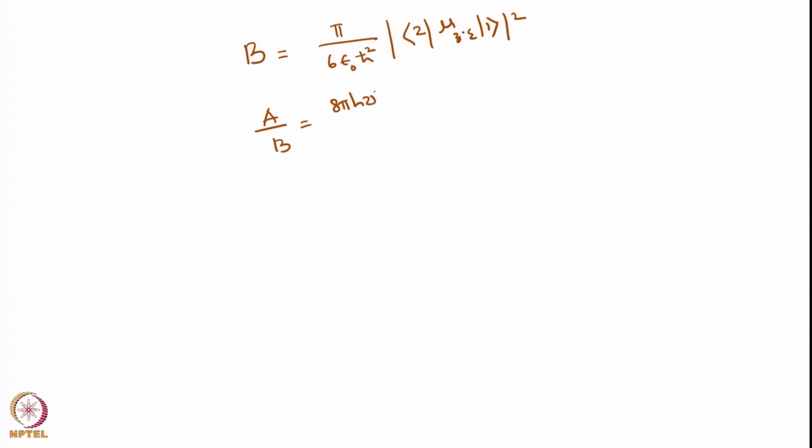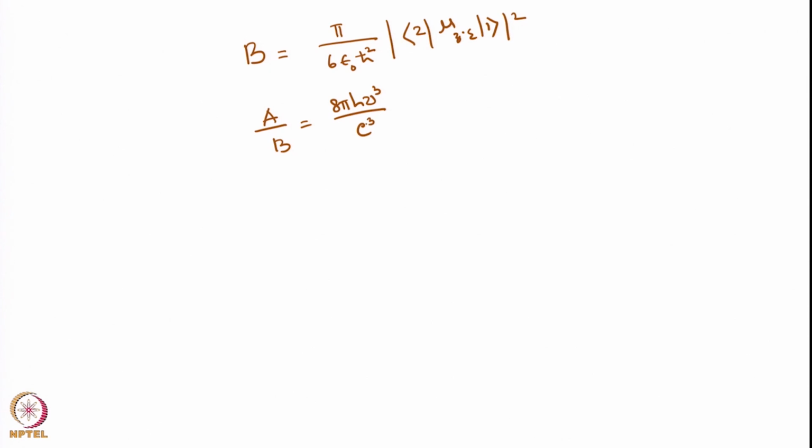So, your B, that is your Einstein's coefficient for absorption and stimulated emission, is given by pi by 6 epsilon naught h bar square, mu z modulus square. But we also know A by B is equal to 8 pi h nu cube by c cube.